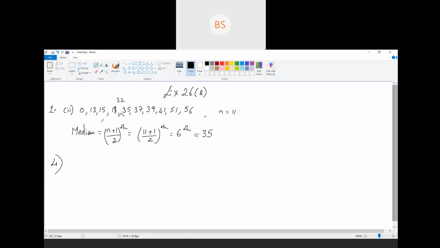So when we arrange, we get 9.8, 10.6, 12.7, 13.4, then 14.3, 16.5 and 17.2.